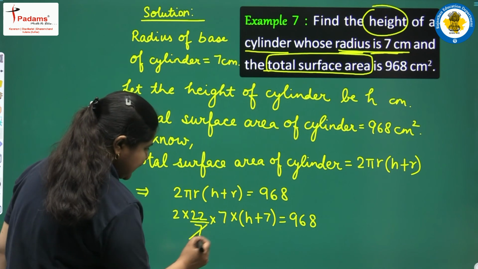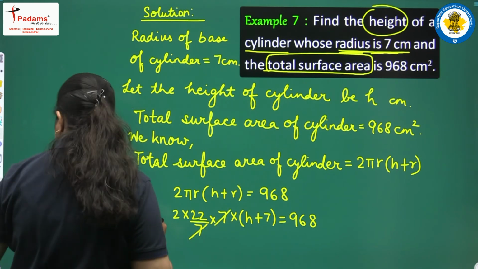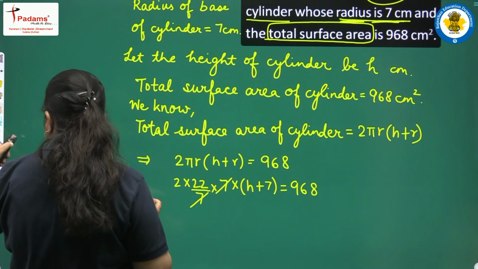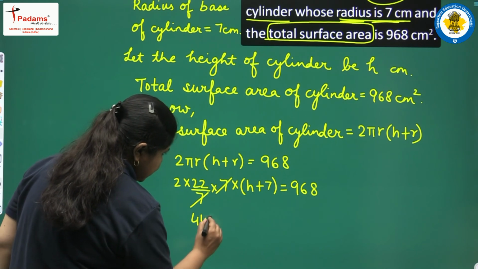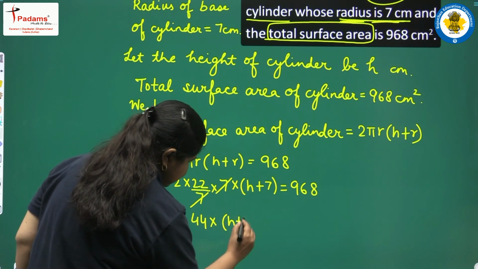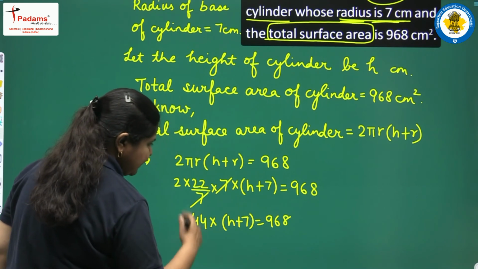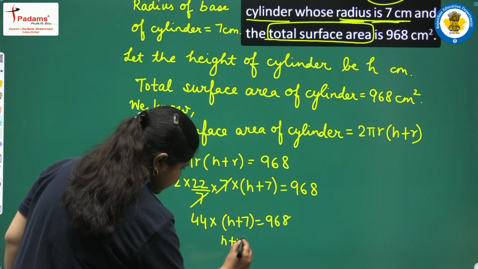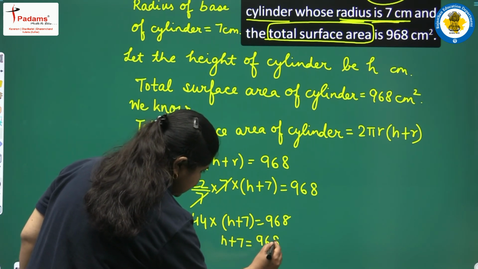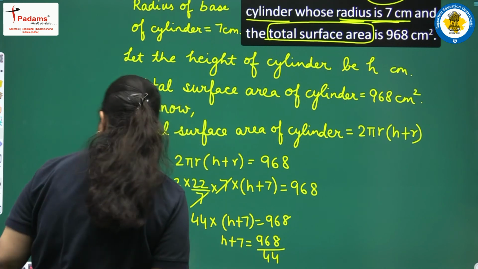फर्स्ट ऑफ ऑल कैंसिल दिस 7/7 एंड देन वी विल बी लेफ्ट अप विद 44 here into H plus 7 equal to 968. Send this 44 to the RHS. H plus 7 equal to 968 upon 44. Divide.